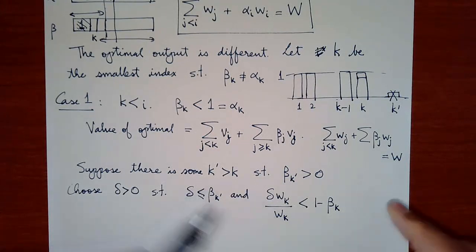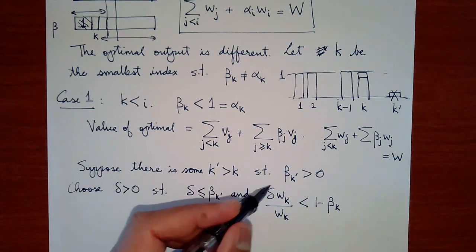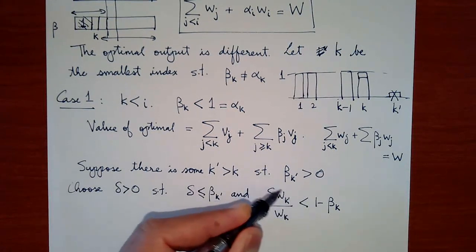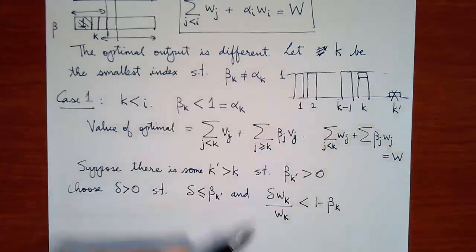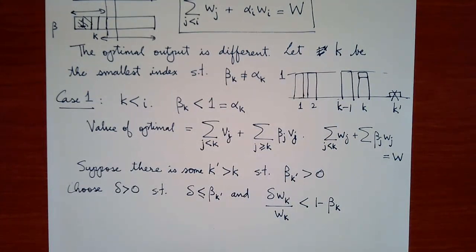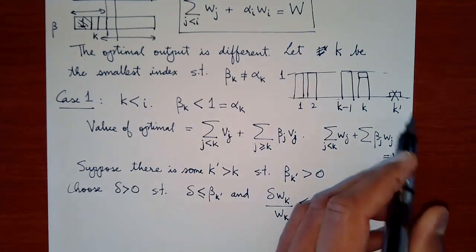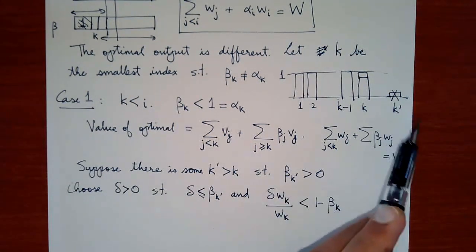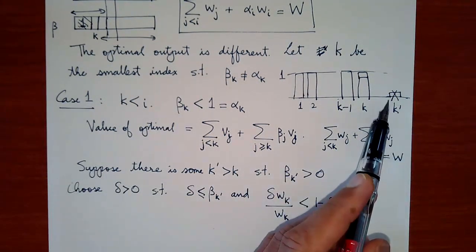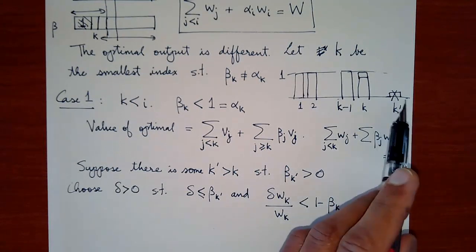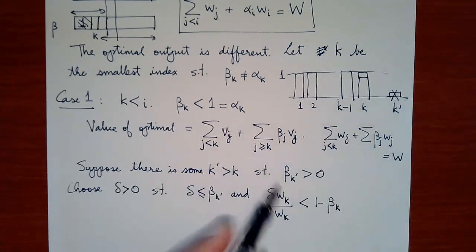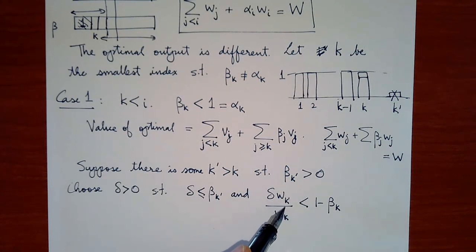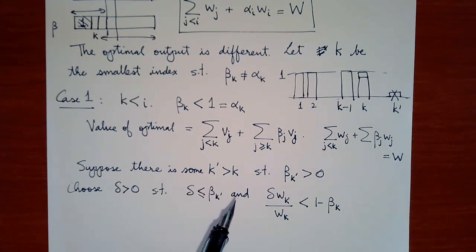Am I making sense here? Because this is how much of the kth item you can afford to put back. Because you took away something from k prime and you're putting it into k. So when you take away delta units from k prime, the total weight of that is delta times wk prime. That is the weight that you removed.